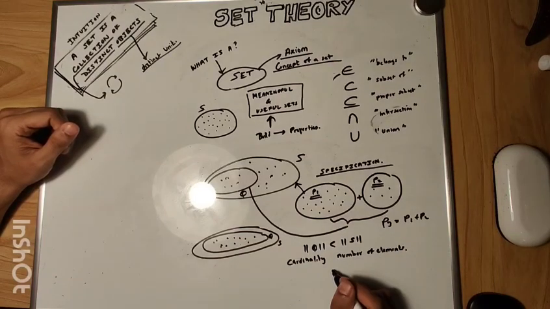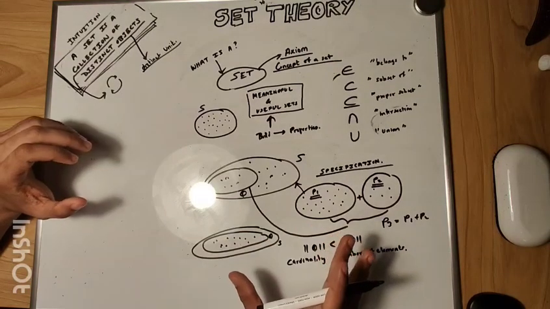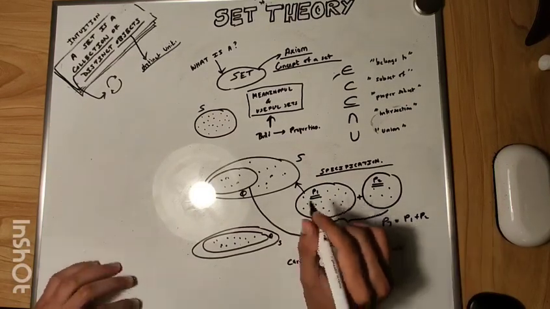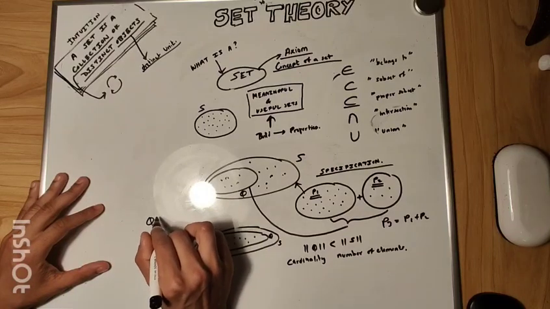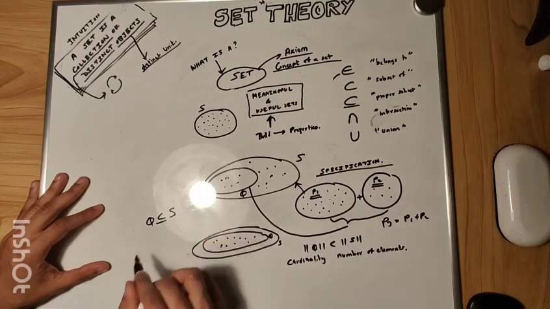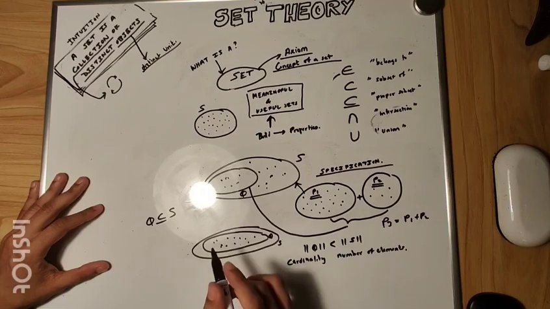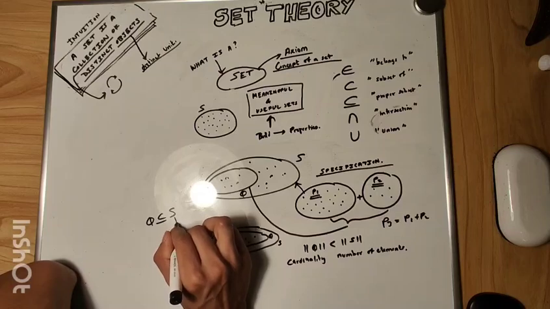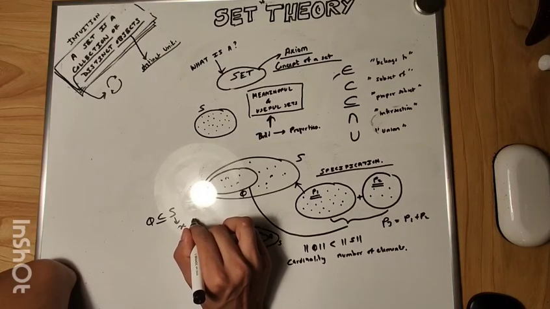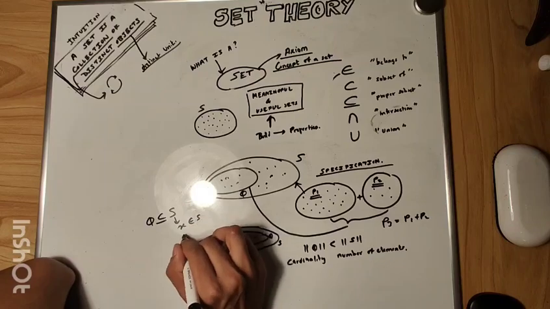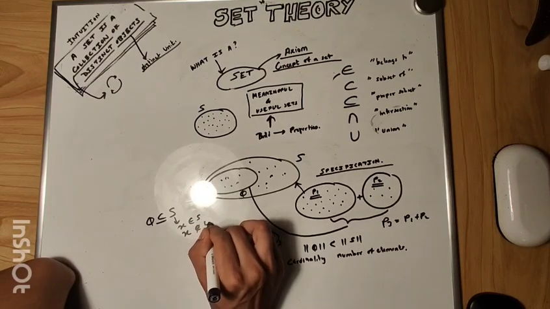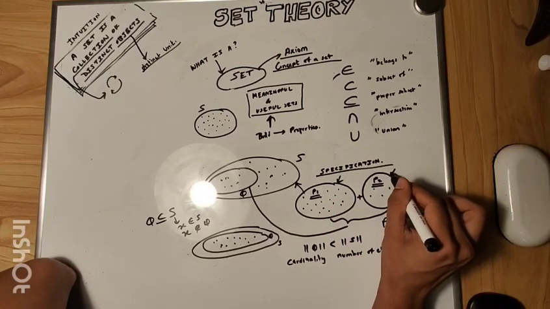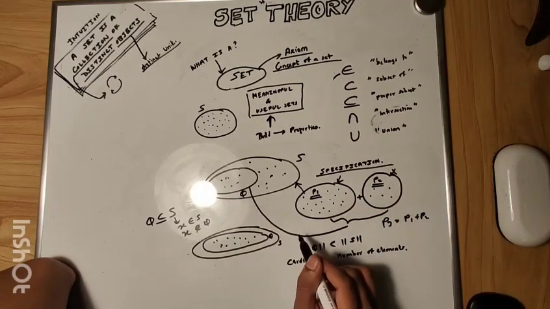So it is not necessary that a normal subset has a smaller cardinality than its superset. But if we have a proper subset relationship, then that is absolutely true, because it means that there is at least one element belonging to S that satisfies only properties P1 but does not satisfy properties P2.